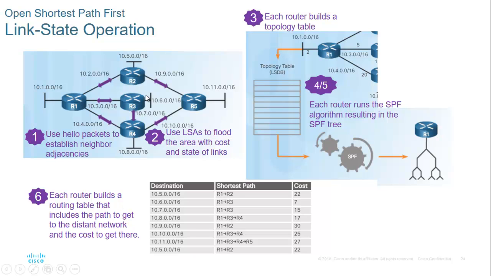For example, here, to go to 10.11.0.0, you have to go from R1 to R3 to R4 to R5. Now, if this were RIP and it follows hop count, this is not a good path. But because the cost is the lowest, even though it has many more hops, it will choose this one to put in the routing table.